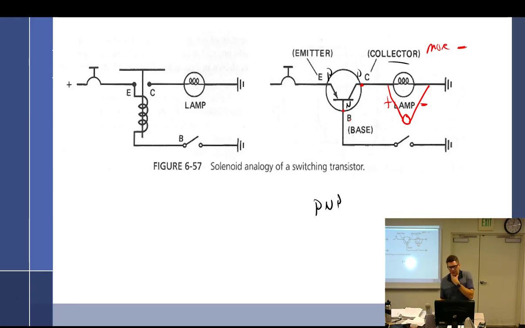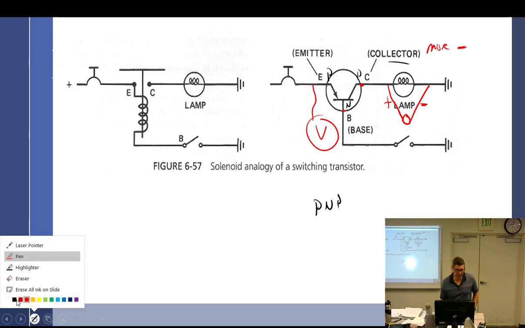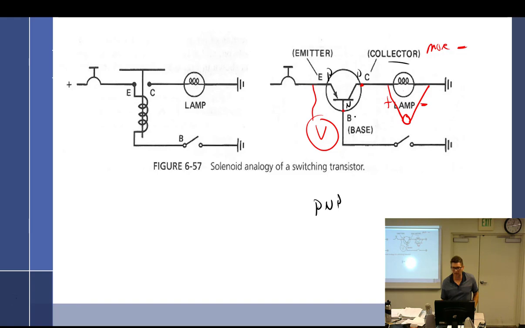If I wanted to check the voltage drop across the transistor, and I put a voltmeter on here, the red lead would go to the emitter, and then the black lead would go across the whole thing, to the collector. Yeah, so we'll put that over there.